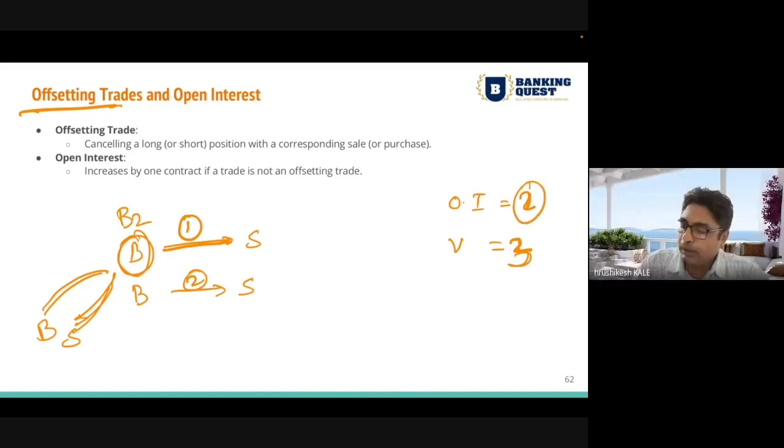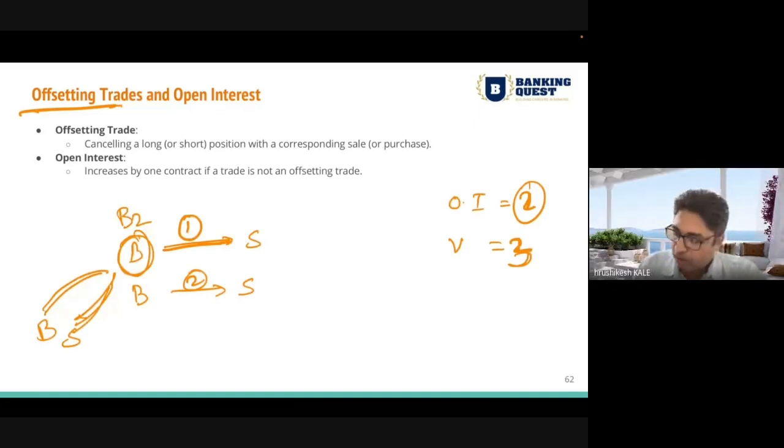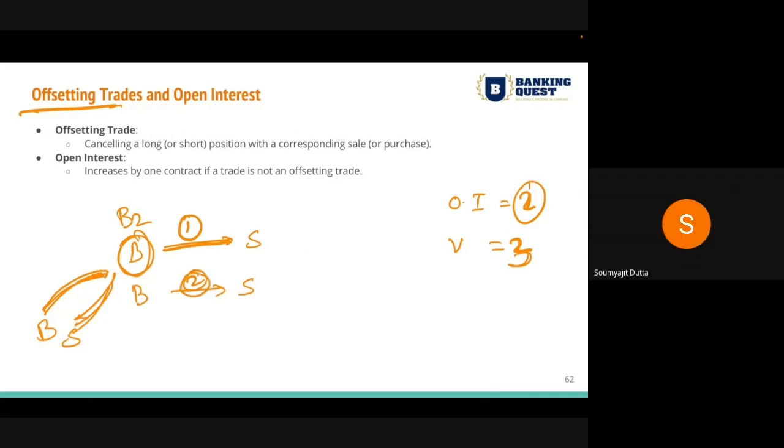Volume increases because a new buyer came into the picture and took a trade. But the number of contracts will remain the same. So first buyer and seller, that is one contract, one volume, and open interest one.